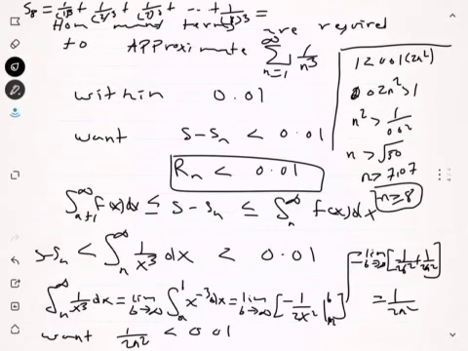And this number right here that we get, I don't remember what it was, maybe like 1.19 or something like that. So this is an approximation to within 10 to the minus 2.